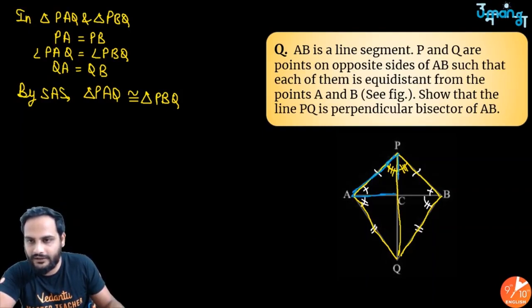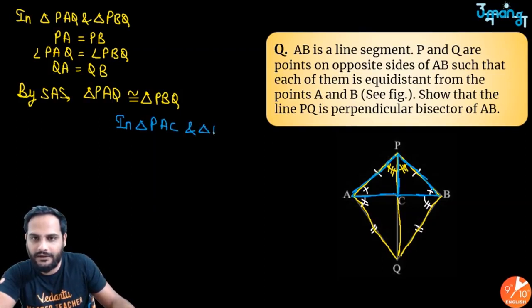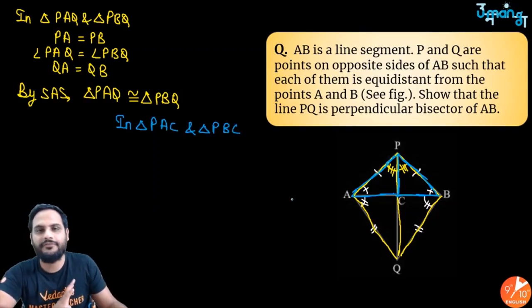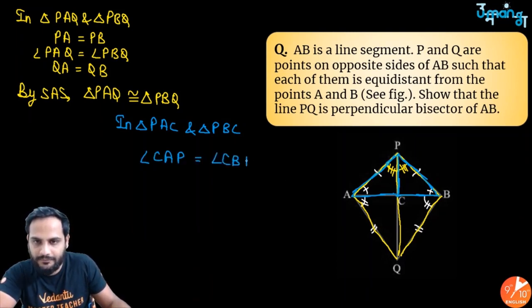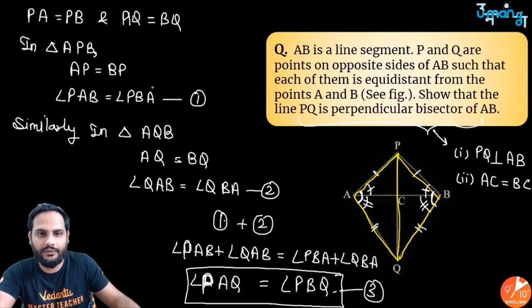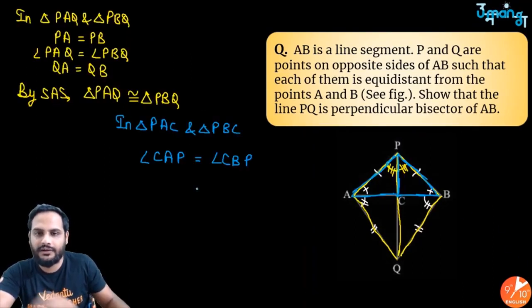So now I will take this triangle as well as this triangle. In triangle PAC and triangle PBC, first thing I know is that angle CAP is equal to angle CBP. Why? It was said at the start that these two small angles are equal. Then I can say AP is equal to BP, we know it, it is given.